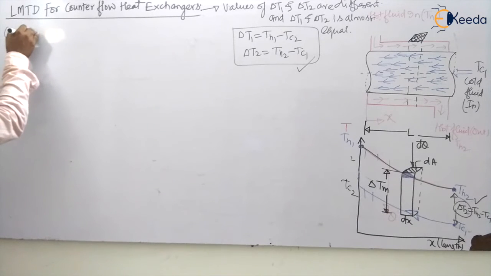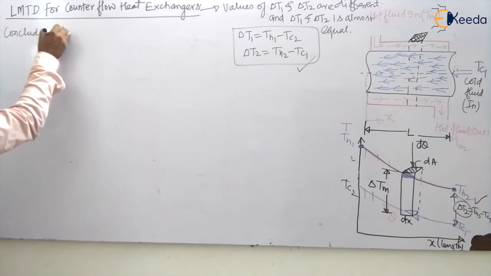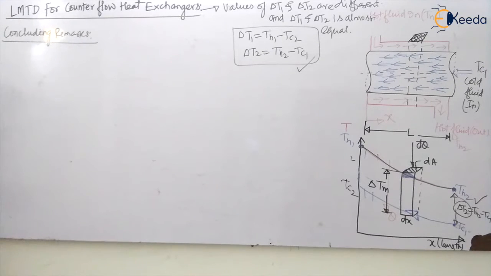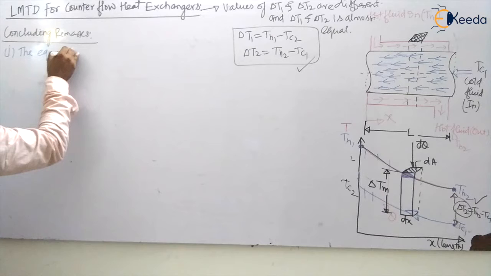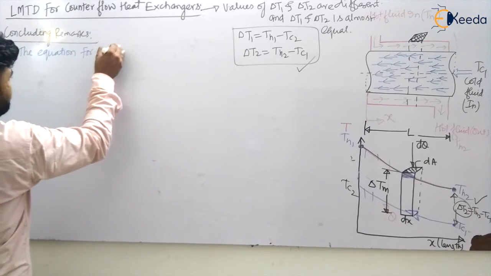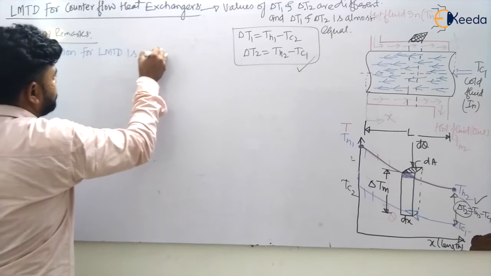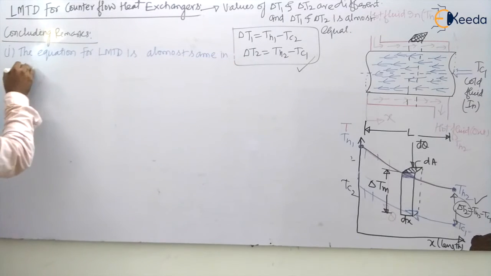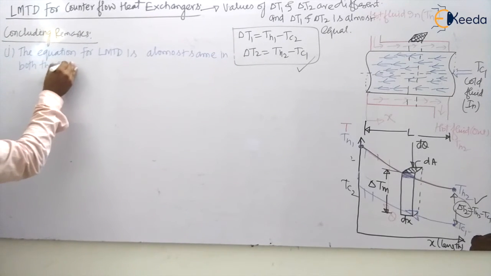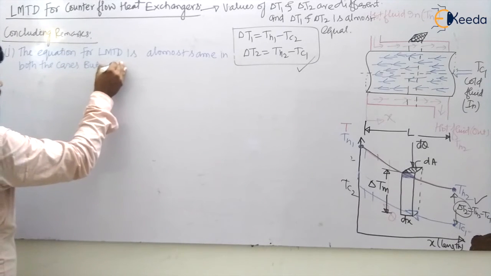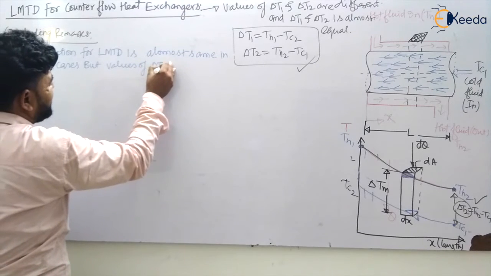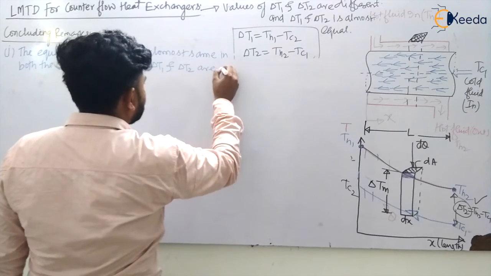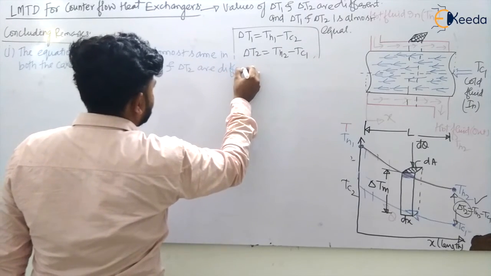So let us see the concluding remarks. What I can conclude is, the equation for log mean temperature difference is almost the same in both the cases, but the values of delta T1 and delta T2 are different.